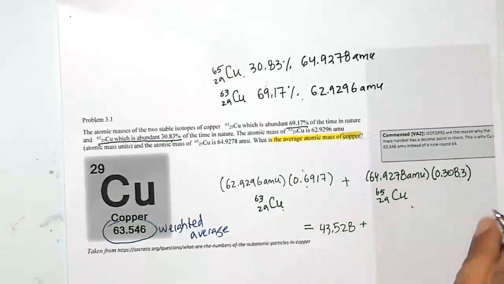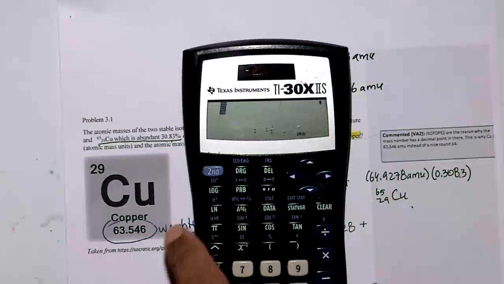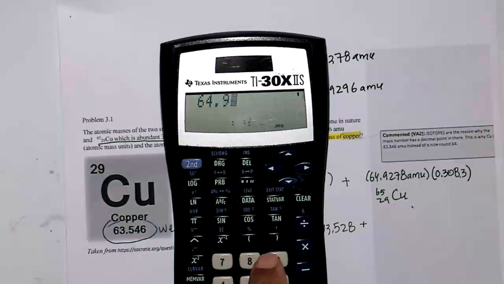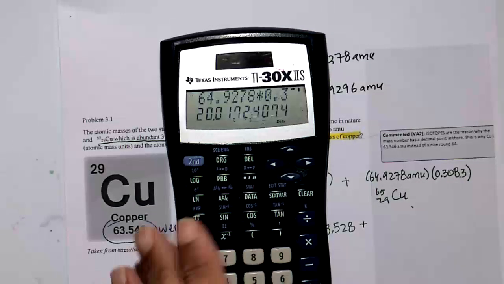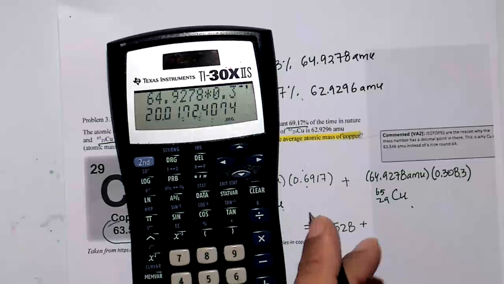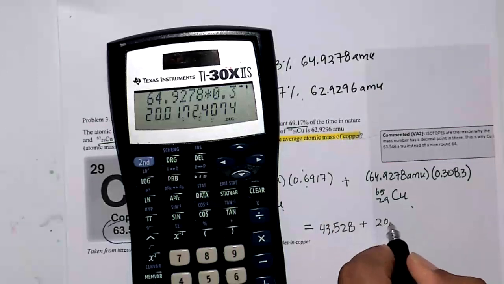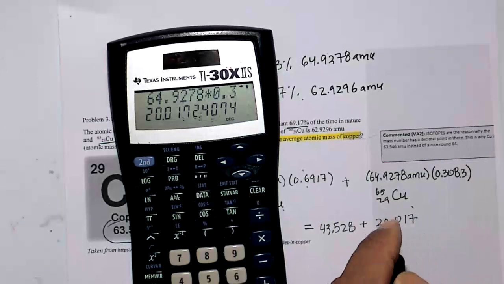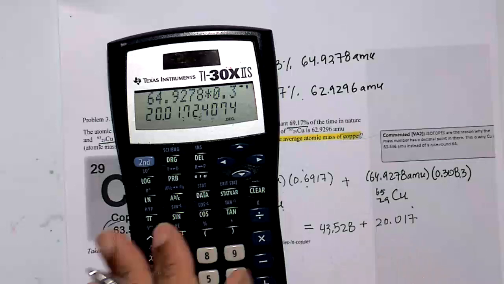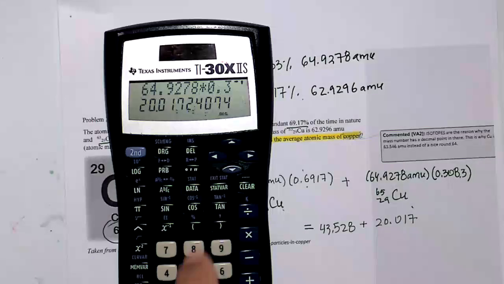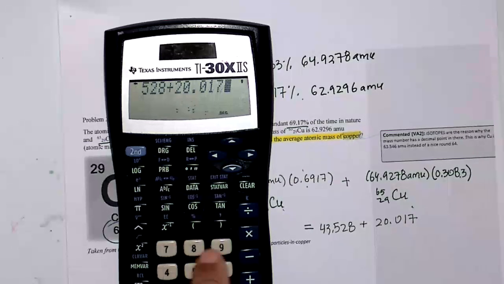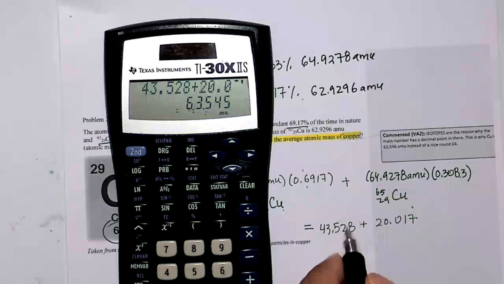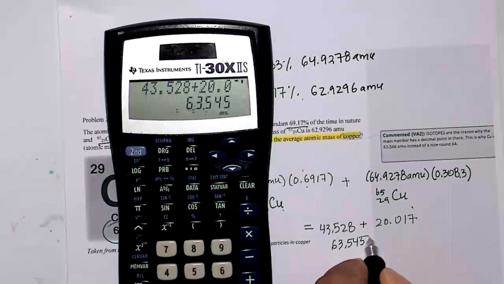Plus this one, 64.9278 times 0.3083 is 20.017, just adding some extra digits here. And let's add those two together. That gives 63.545 AMUs.